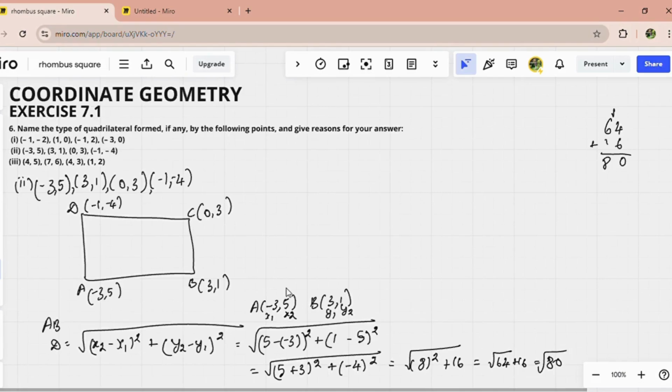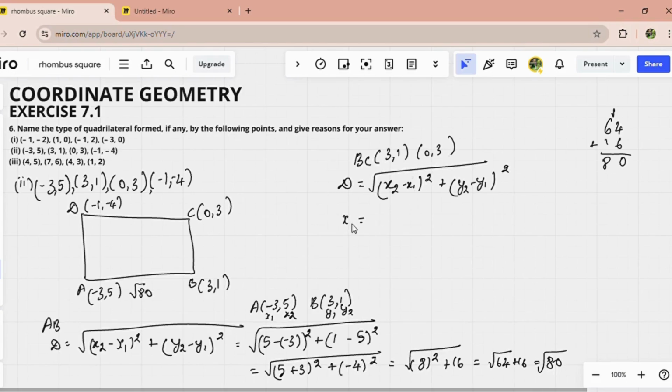So we have done AB. Now we'll see BC. BC distance D equals root of (x2 minus x1) square plus (y2 minus y1) square. What are the points? 3, 1 and 0, 3.